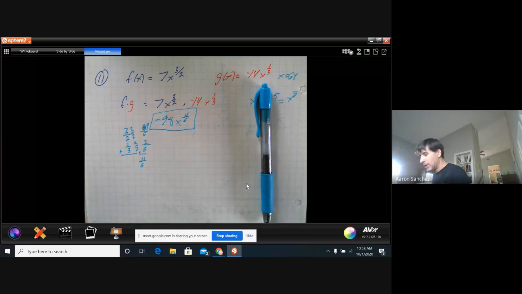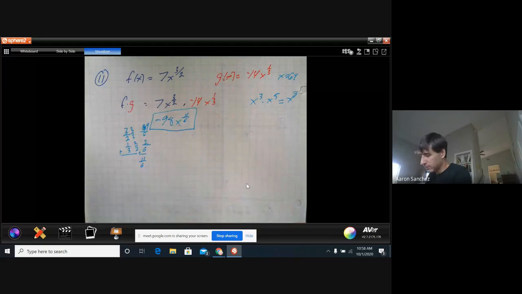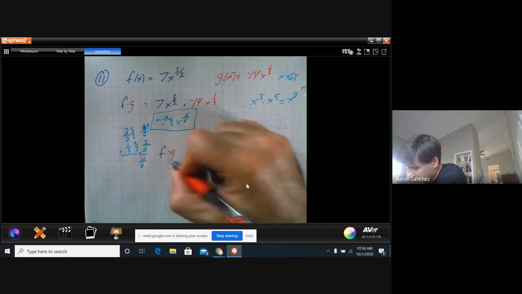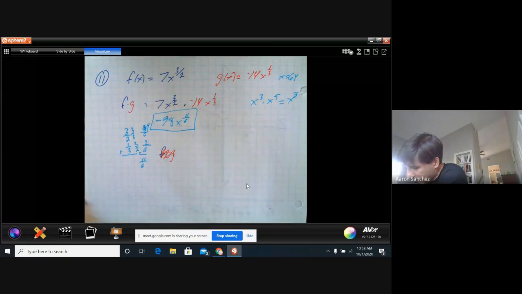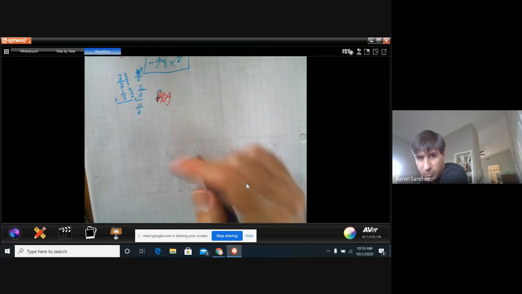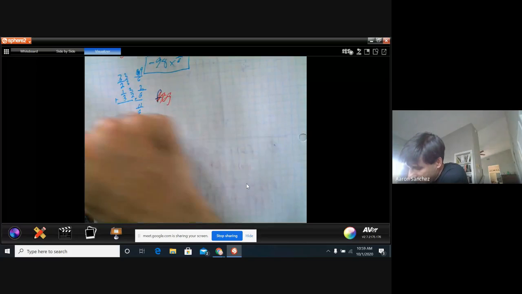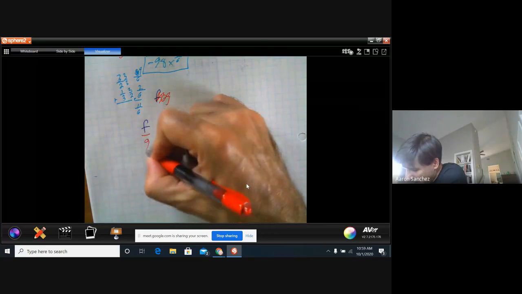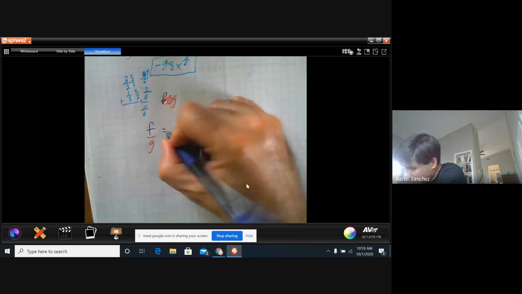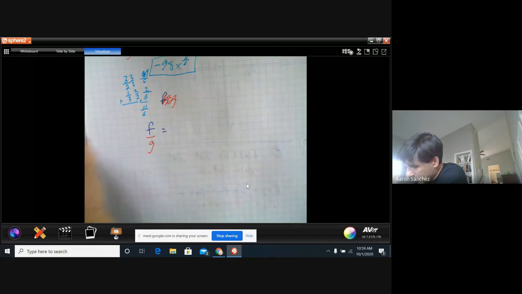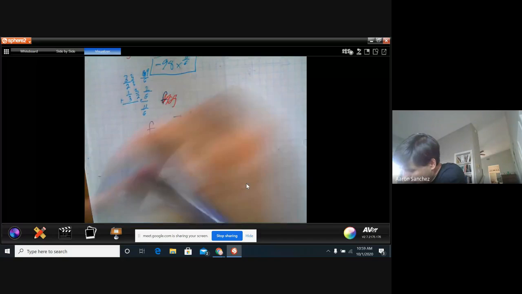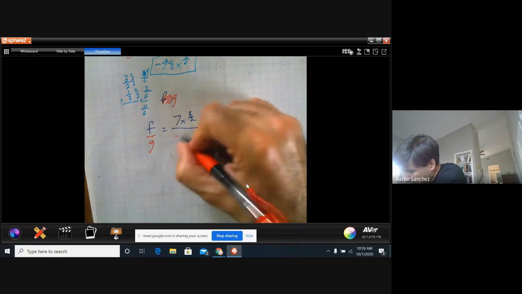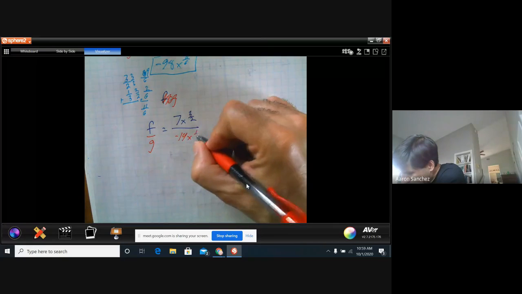But now, f divided by g is going to be 7x to the 3/2 divided by negative 14x to the 1/3.